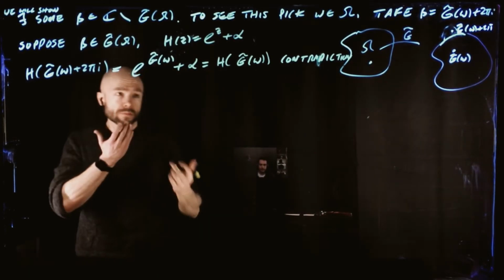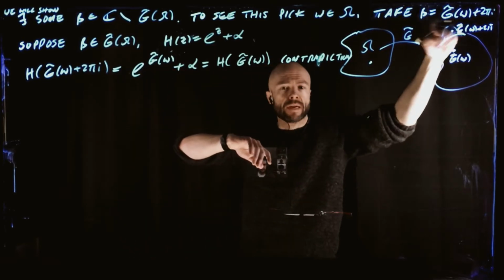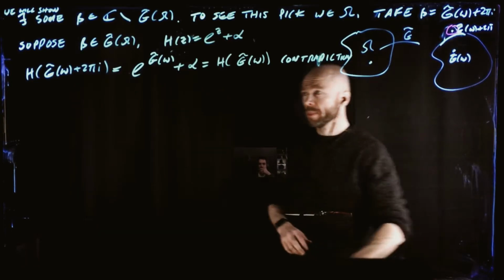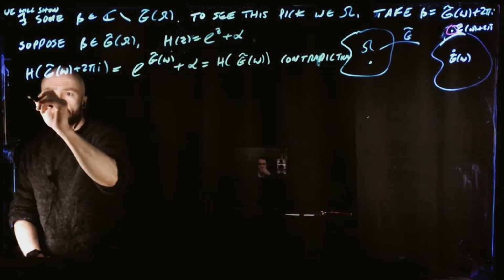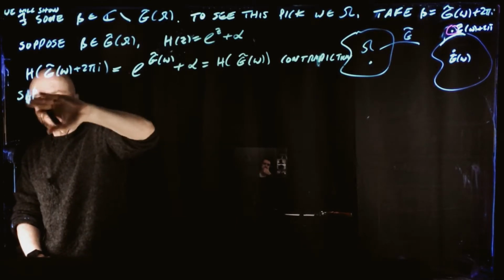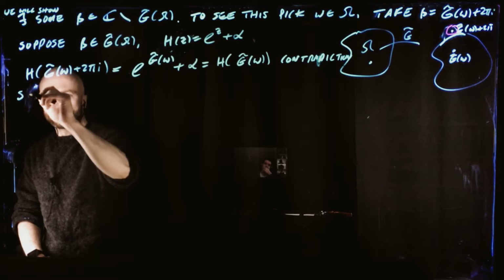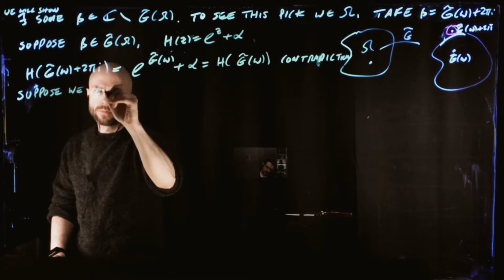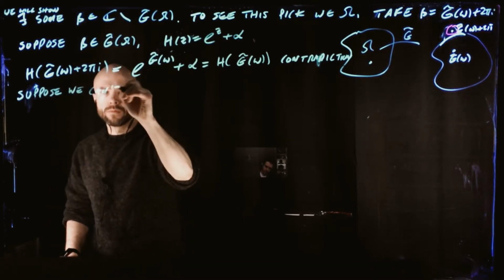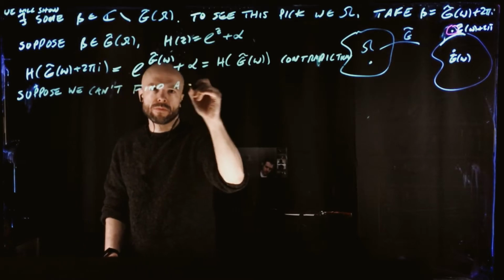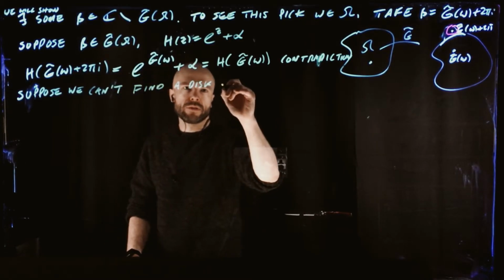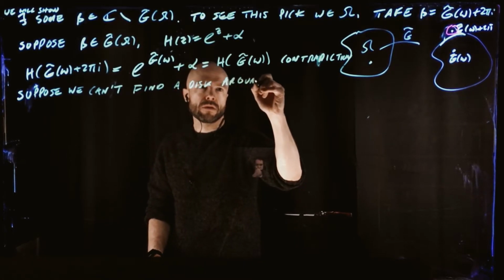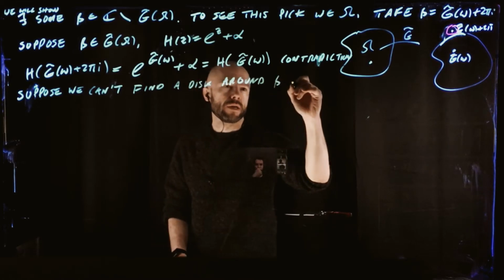Okay, so now we're going to show that we can actually put a little disk around this point and still remain outside. So how's that going to work? Suppose, arguing by contradiction, we cannot find a disk around beta outside.